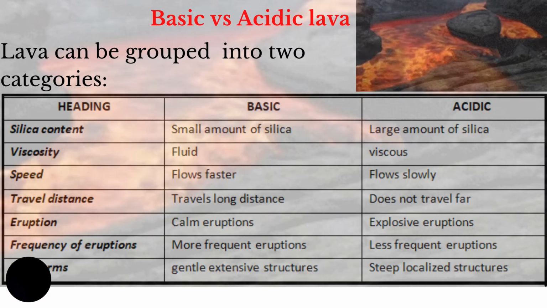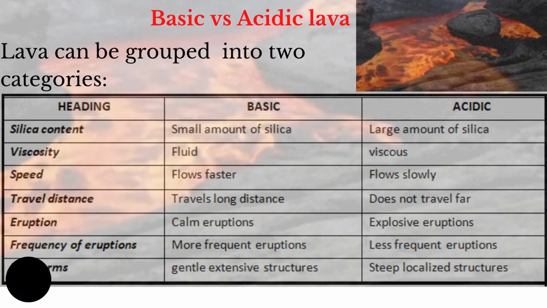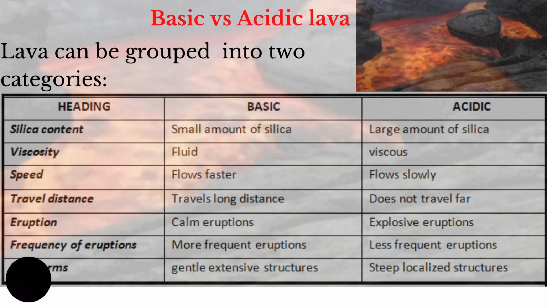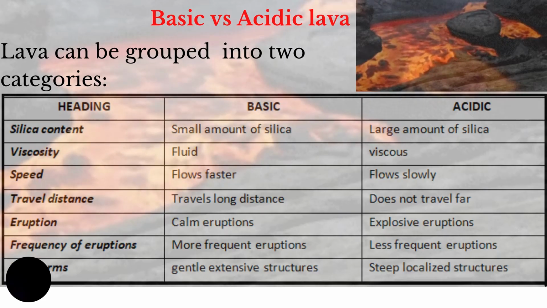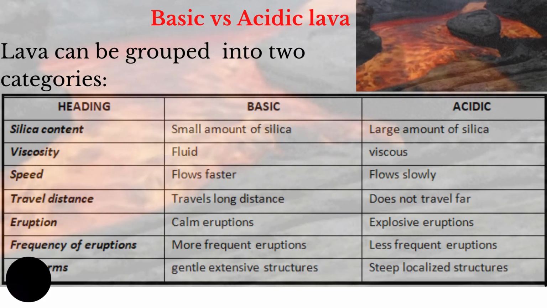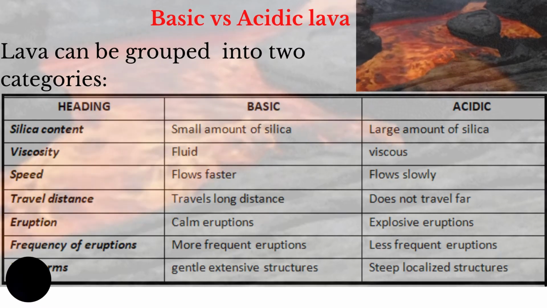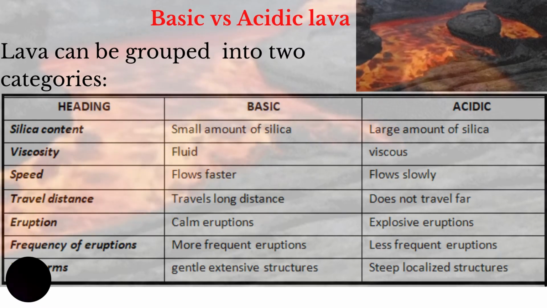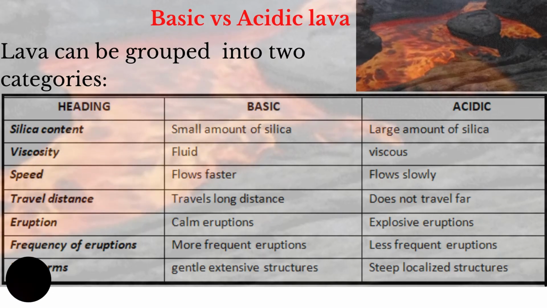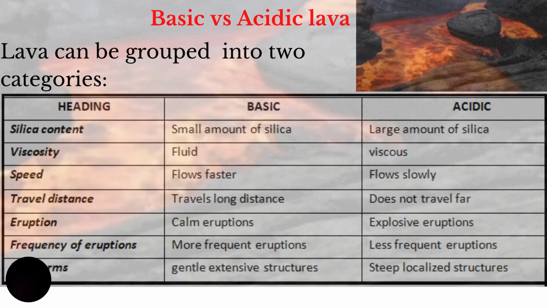Molten material inside of the earth is called magma. Molten material on the surface is called lava. And lava is of two types: basic lava and acidic lava.